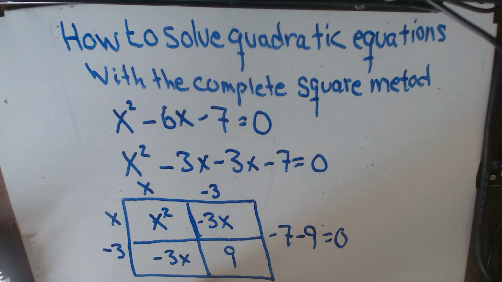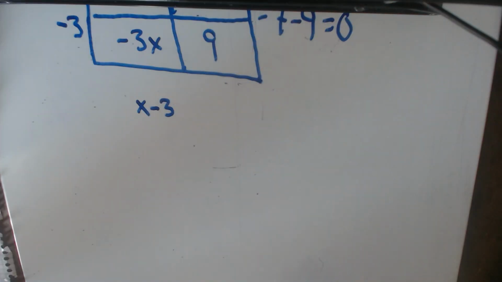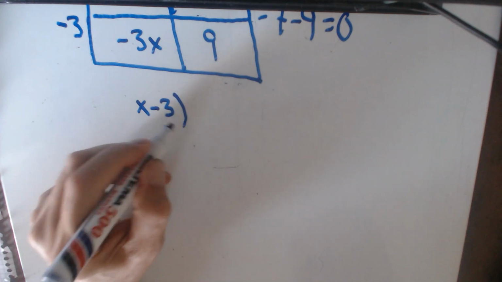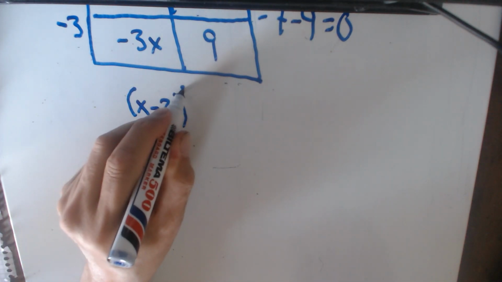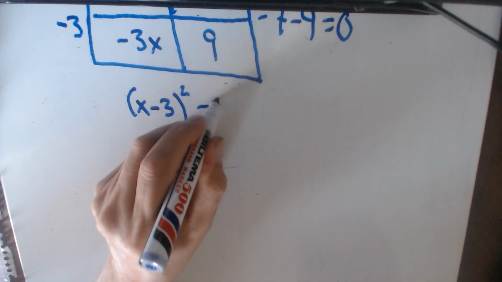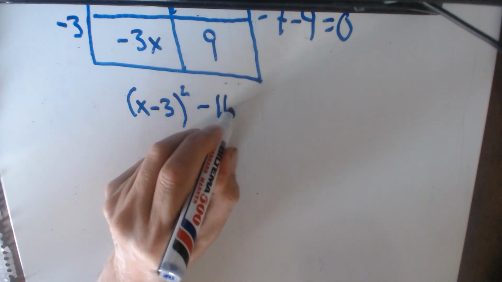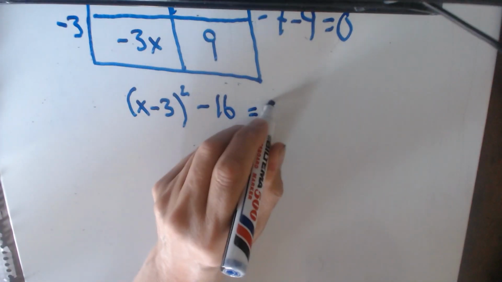So we can rewrite that as x minus 3 squared minus 16 equals 0.